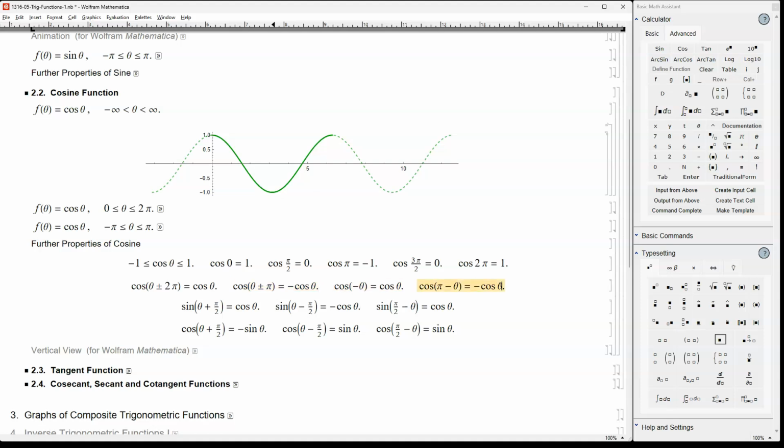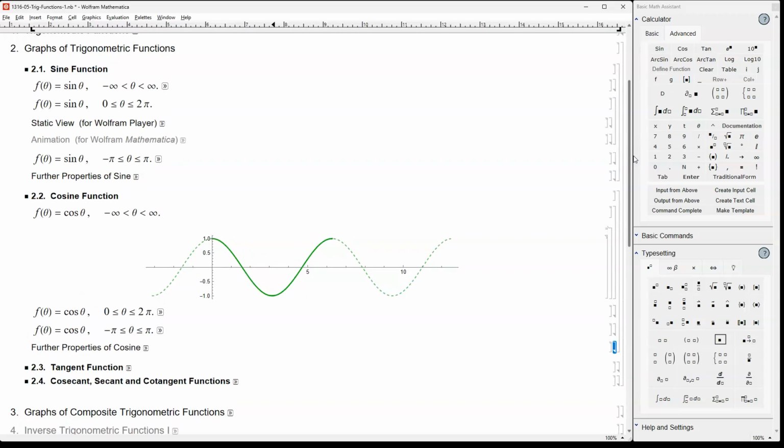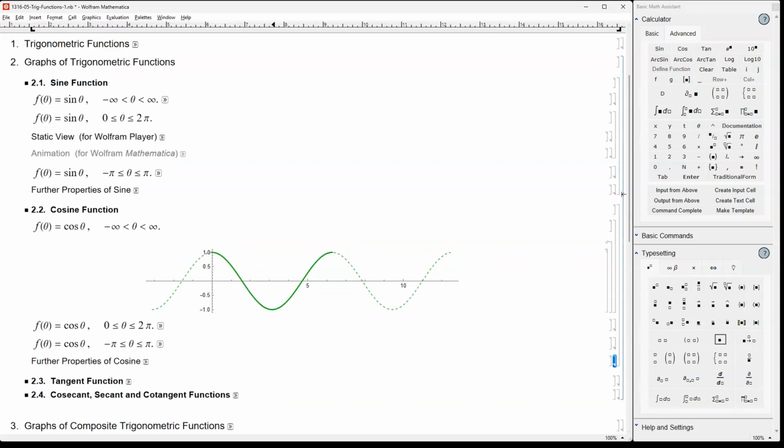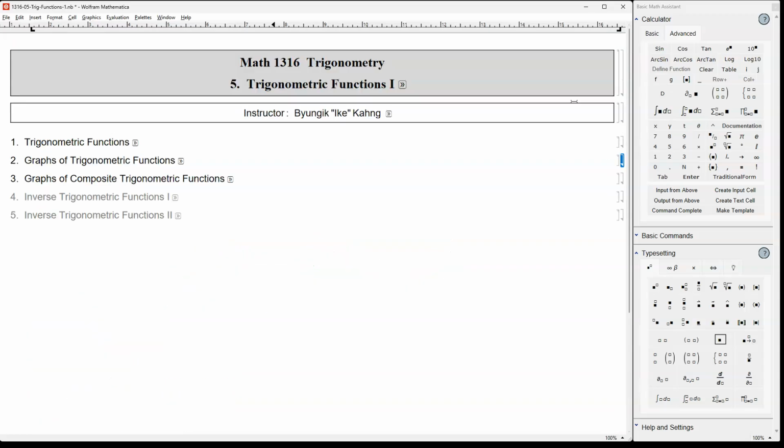And the same symmetry as before, but this is not going to be that important, to tell the truth. The symmetry for the sine was really important. And then there are some further properties as well, but those are minor. So much for the graphs of sine and cosine, the two most important graphs.